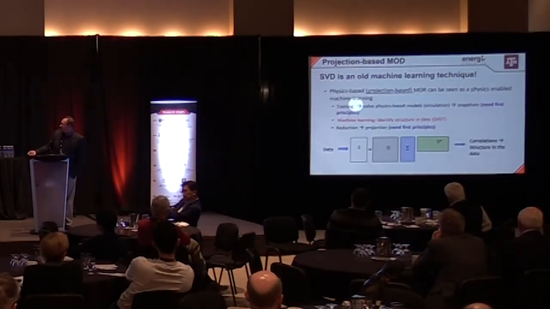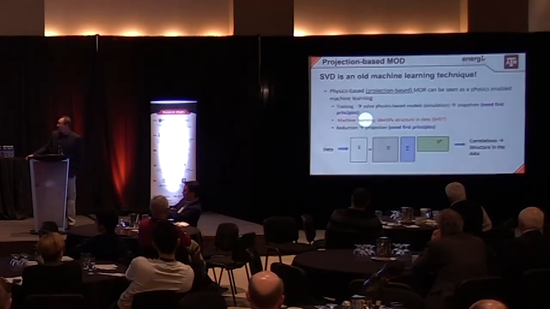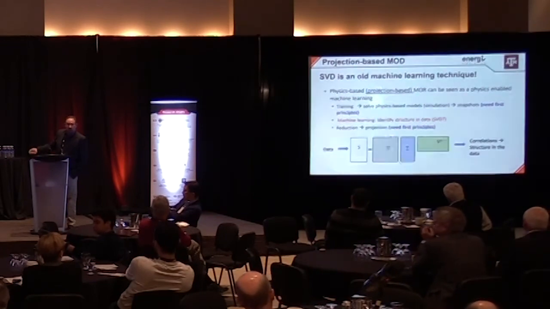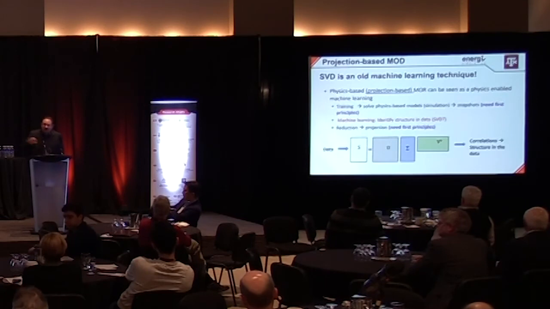Basically, what I showed to you, you can do the training, we can get the snapshots, we can do identification of the data, can do SVD, or can do something else, can be a machine learning algorithm, and we project that into the smaller subspace. Okay? So projection-based model reduction is actually something that uses a machine learning technique, right?